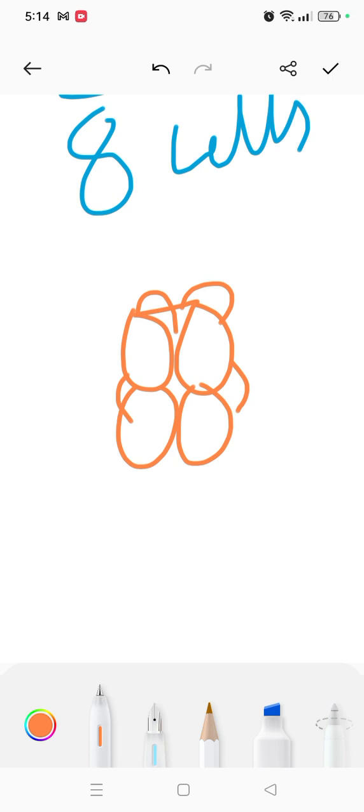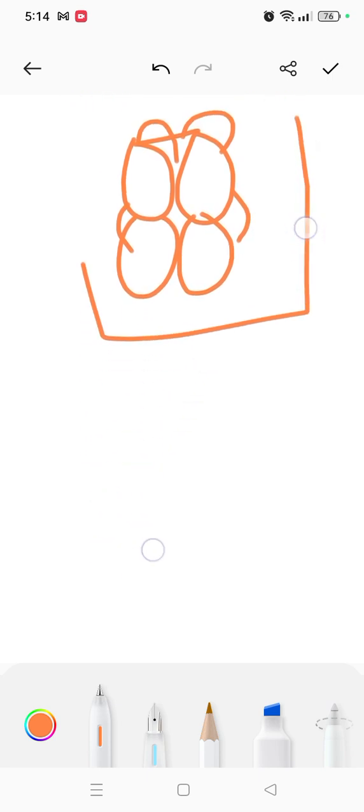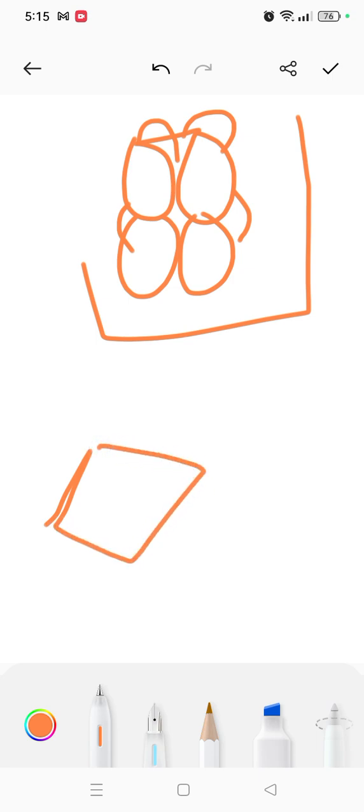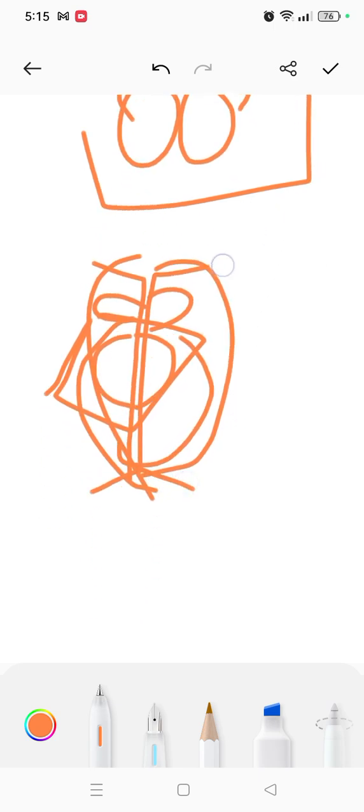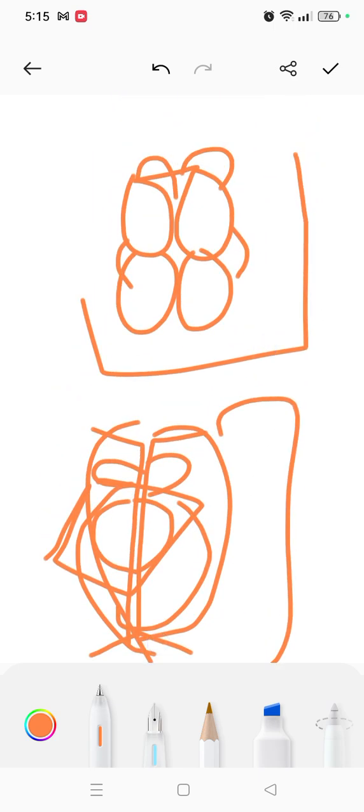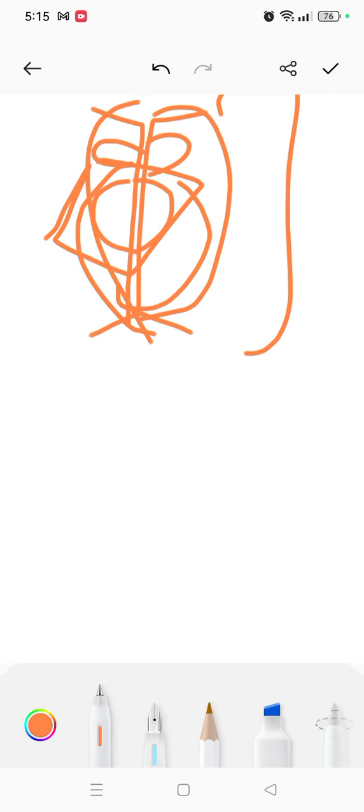You can imagine this is 8, and the plane this time would be horizontal. I'm not sure if I'm making a good diagram, but you will see this plane into 8 sides. So it's 8 cells, and this 8-cell cuboidal structure is called Sarcinae.